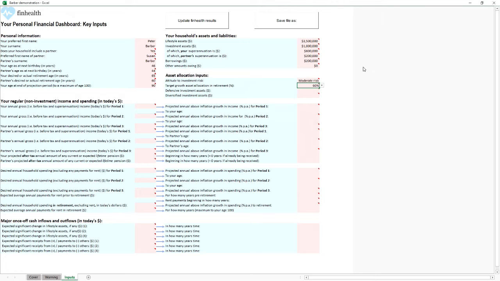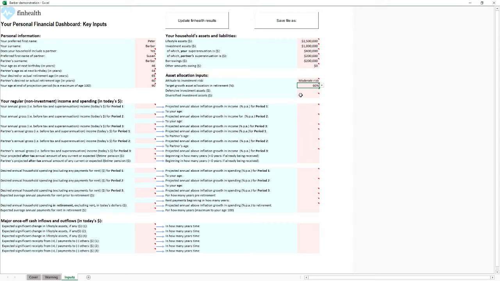As explained in the How to Use the finhealth software ebook, while a higher investment return will improve the prospective position modelled by the software, the modelling doesn't capture the greater volatility in investment values that almost always comes with higher investment returns. The message? Don't cherry pick your attitude to investment risk to paint a better finhealth picture. Be as honest with yourself as you can when deciding your attitude to investment risk.